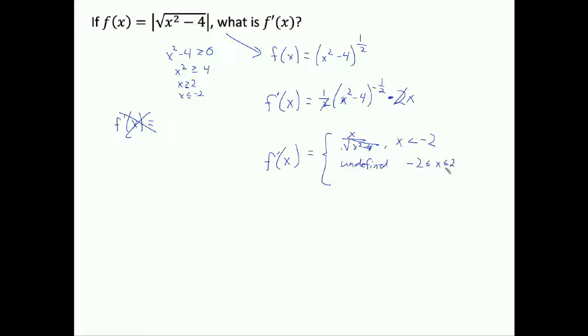And we know that the whole function is undefined from negative 2 to 2, except for at those values. But now the derivative is undefined there. And then back for the other side, for greater than 2, it's still going to be x over the square root of x squared minus 4.